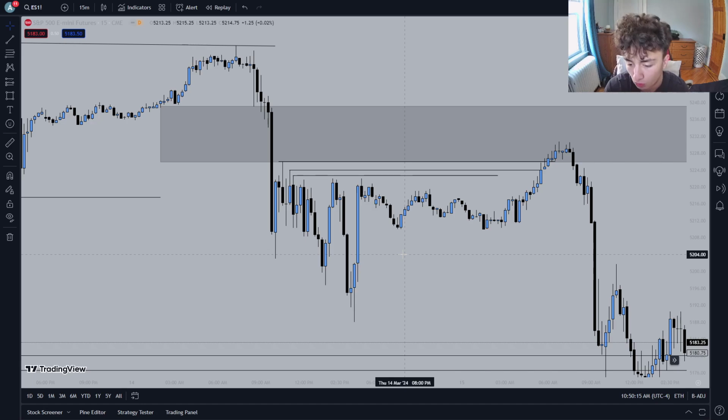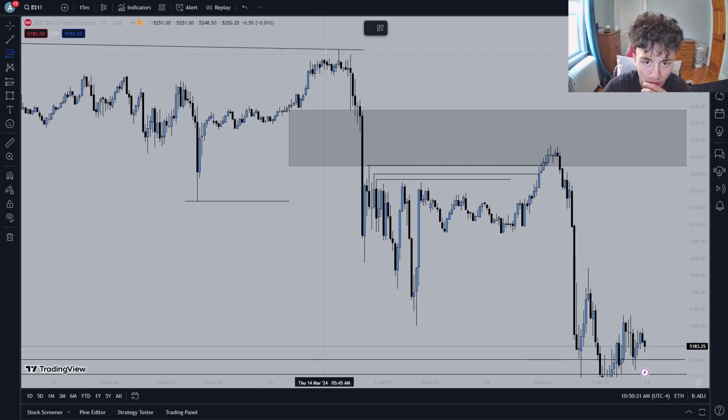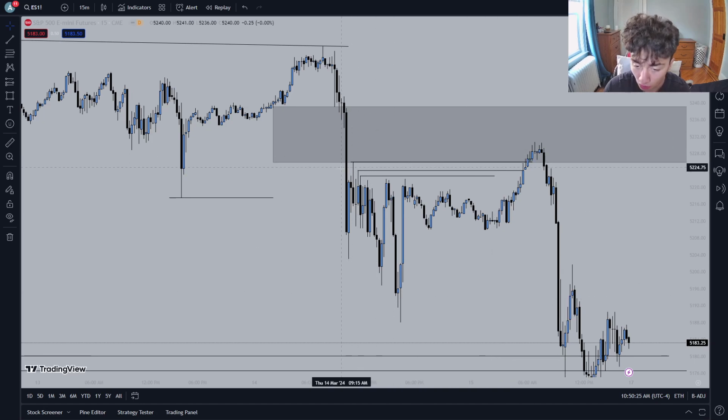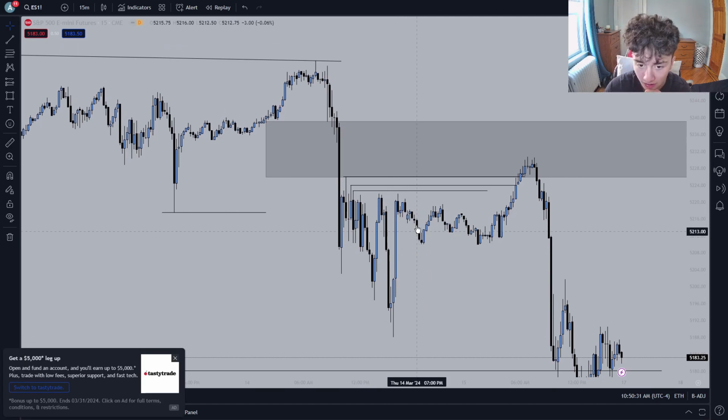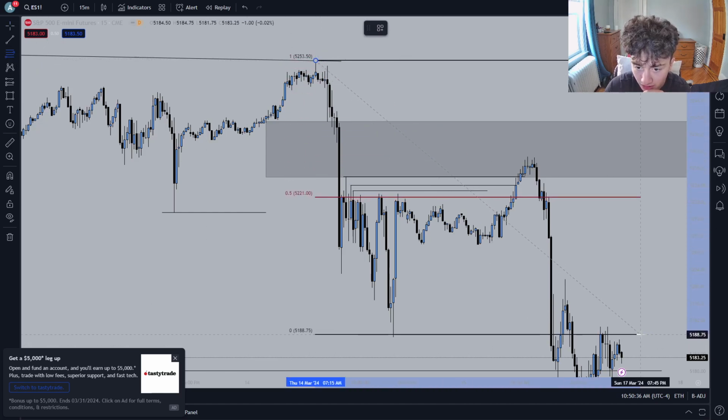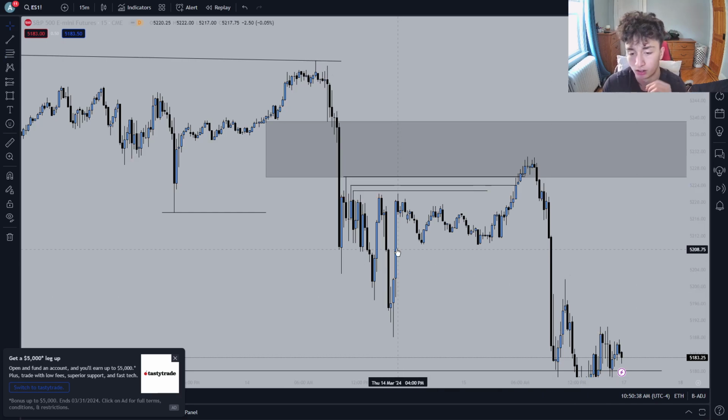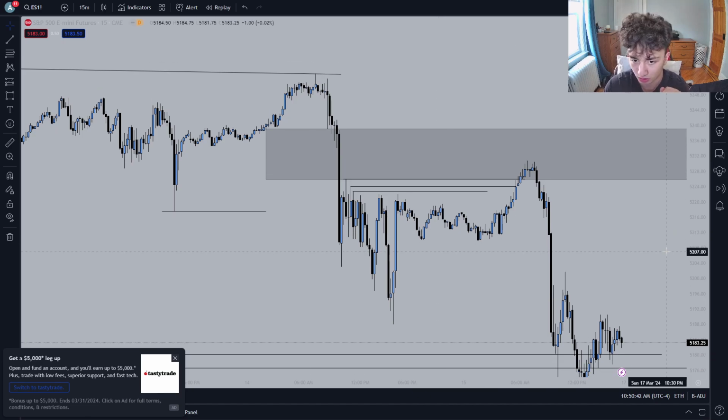The first three things I've ever said the market targets: first thing is liquidity. Second thing is inefficiencies. And the third thing is equilibrium. So as long as you think within that scale, then you could get a decent understanding of where the market wants to target.